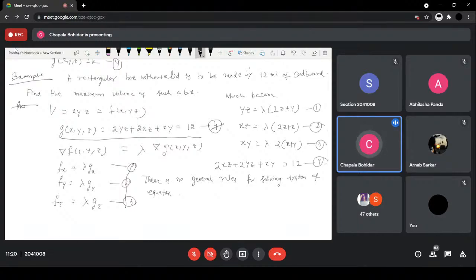Now we multiply x in equation 1, y in equation 2, and z in equation 3.